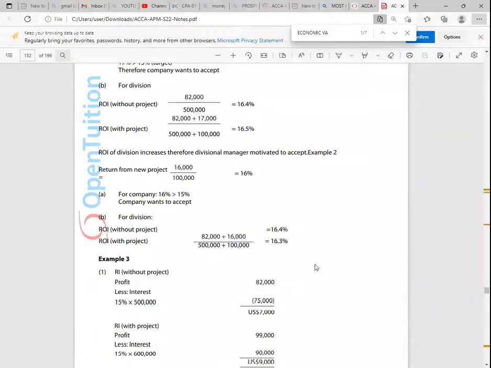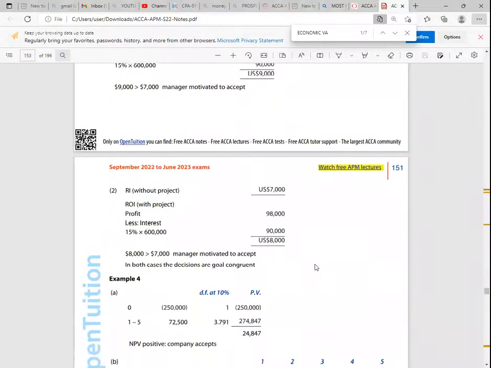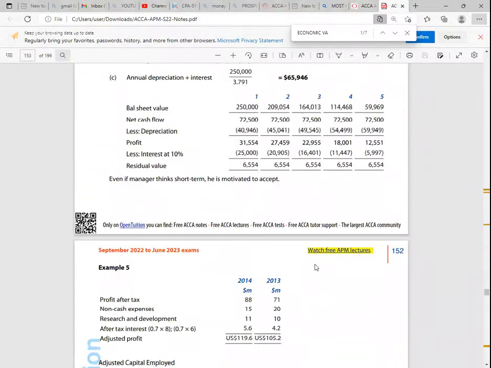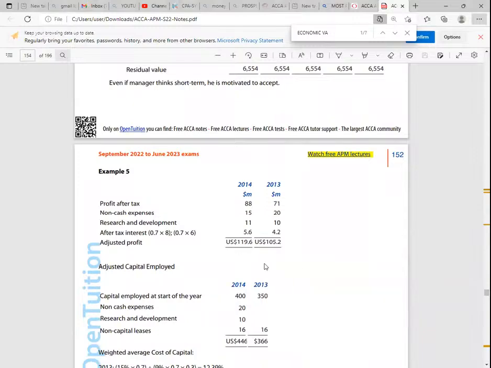Yes, you can now check the NOPAT that these guys have so that we don't make mistakes. You can see the NOPAT here for 2013 is 105.2, and the other one is 119.6.